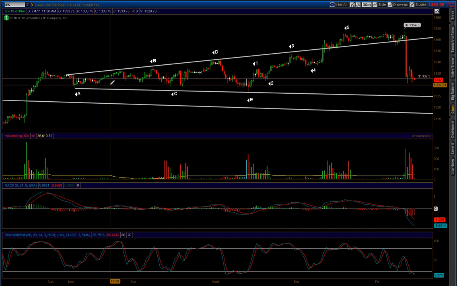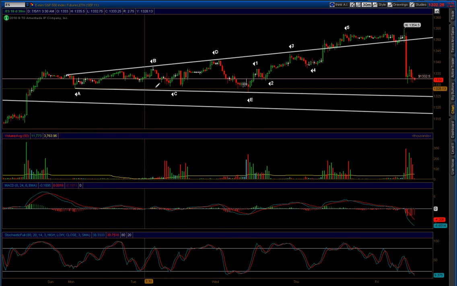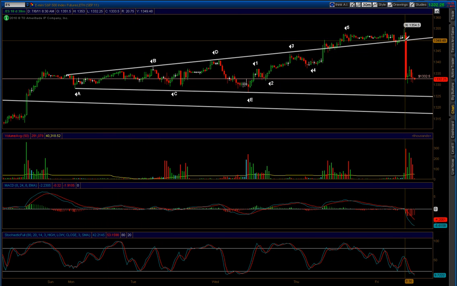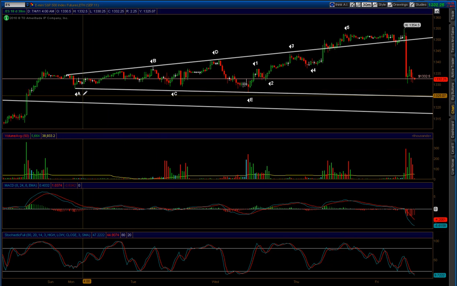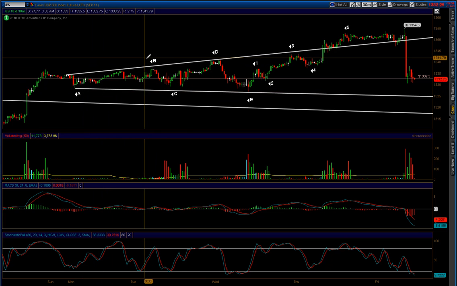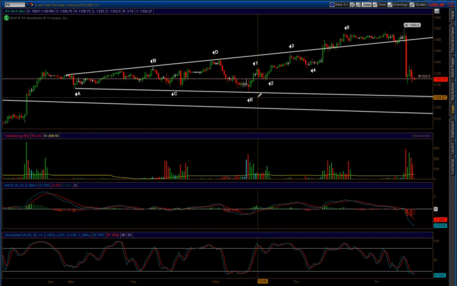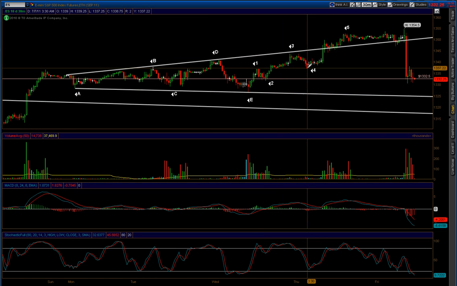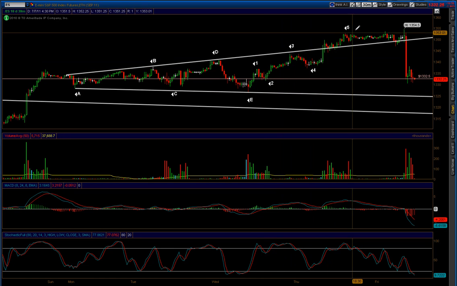So here we have the reverse symmetrical triangle that I've been talking about, and you have your wave structure A, B, C, D, E, and once we hit E, we took off, and you have the 1, 2, 3, 4, and then 5.